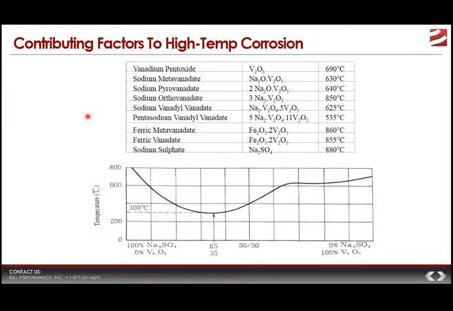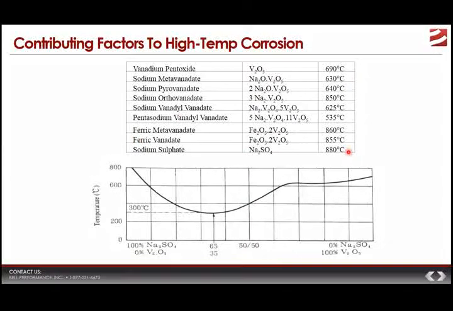They combine with oxygen from the air, and they form oxide complexes of all different kinds, similar to ones that we see here. Depending on what kind of metals are in the complex and what combination of things, they have different physical properties, including different melting points.